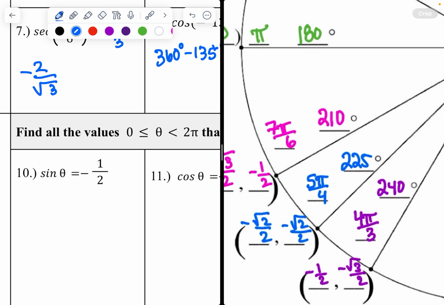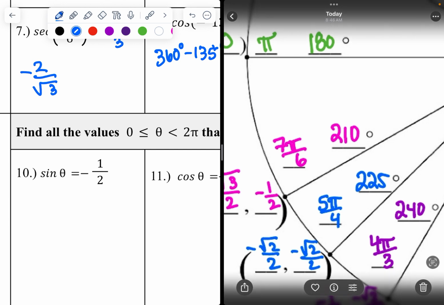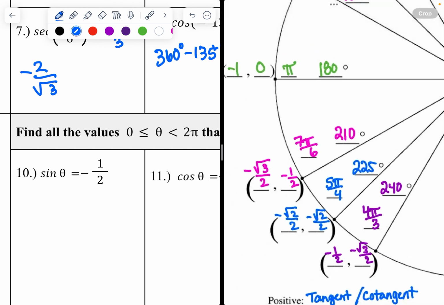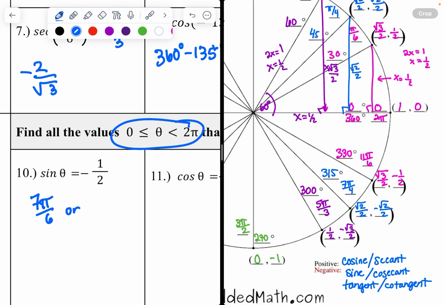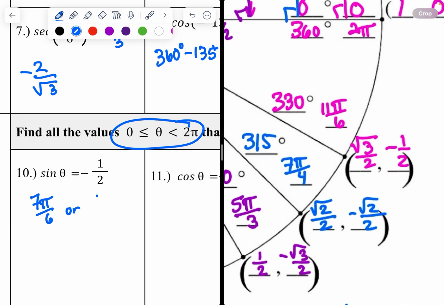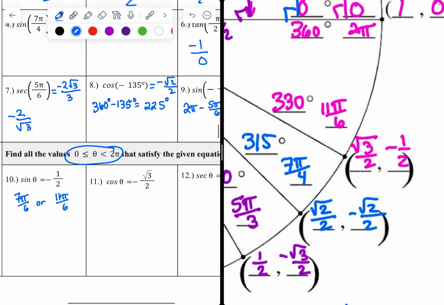And since they said 0 to 2 pi, we know we're doing radians here. So we're going to say 7 pi over 6 is the first one, and the other one with a sine of negative 1/2 is 11 pi over 6. So 30 degrees is your reference angle there for that one.